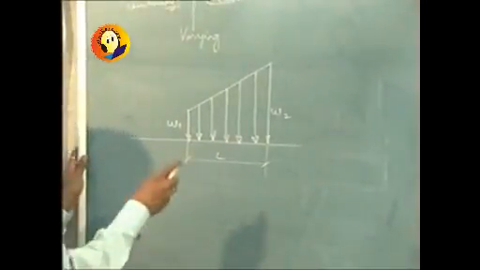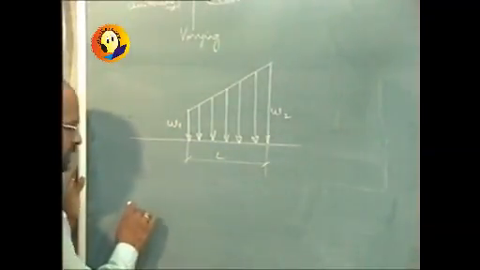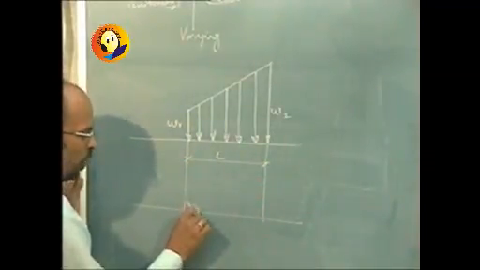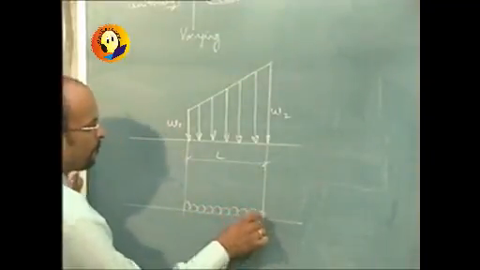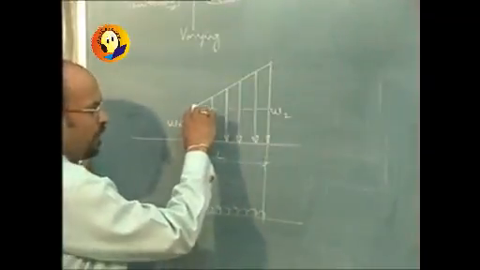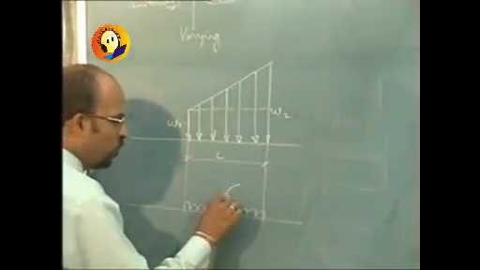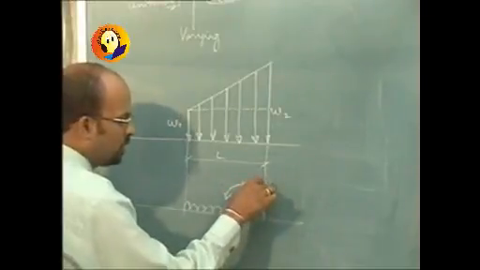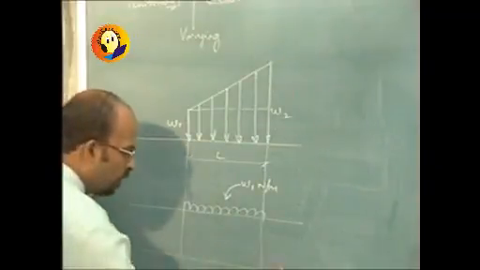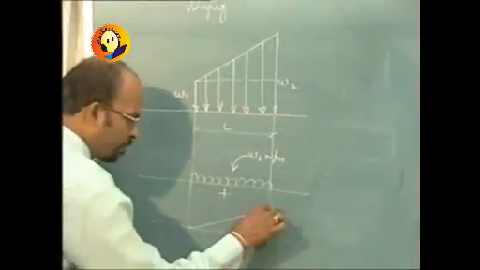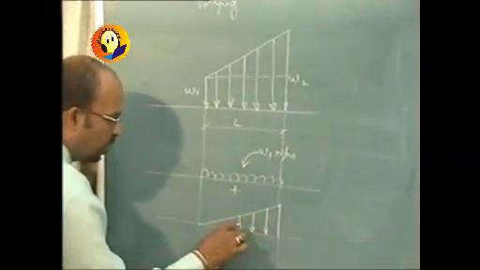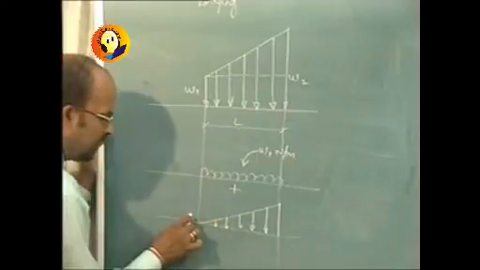Now this loading can be very well divided as, first of all, some UDL, because this is going to be that uniformly distributed load of W1 throughout there, so I can show it as W1 newtons per meter, plus there will be a triangular load which varies from zero load.